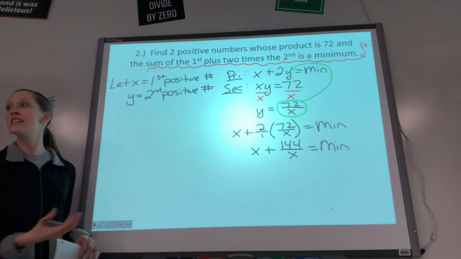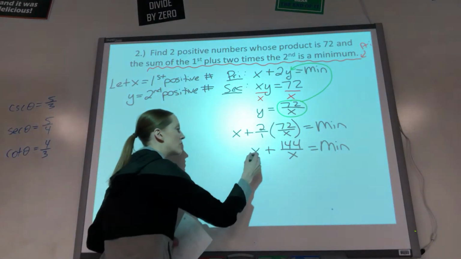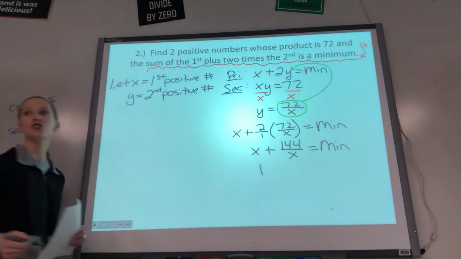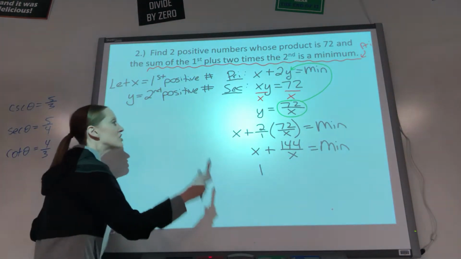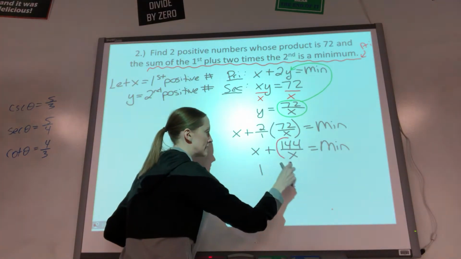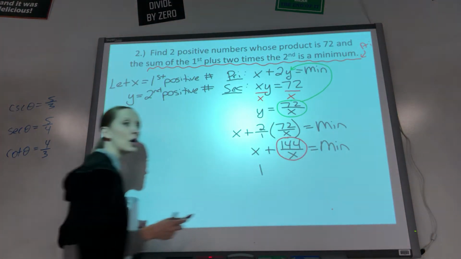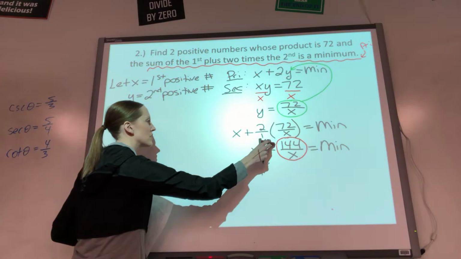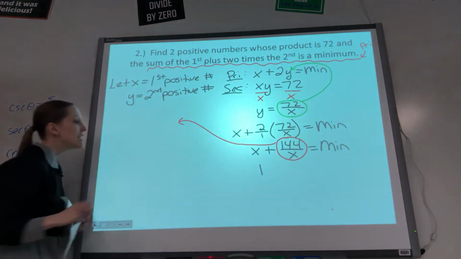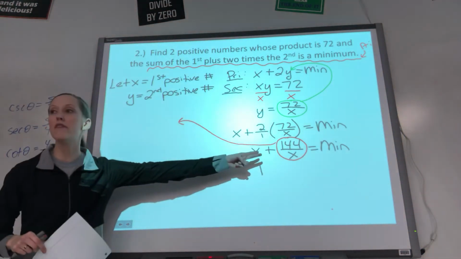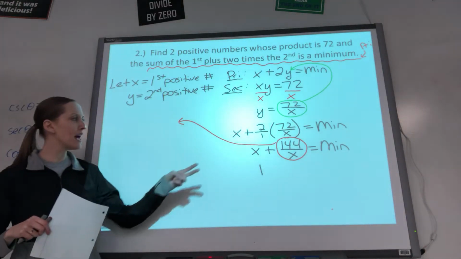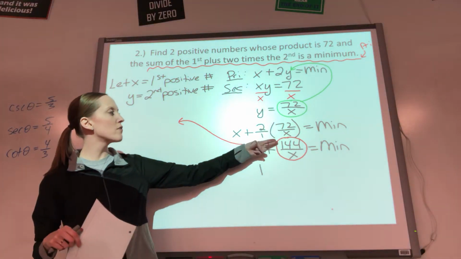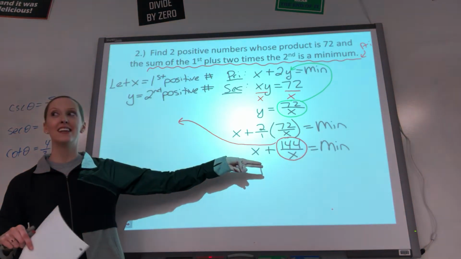Okay, I need to take the derivative. Now, derivative of x is just 1, so that's probably the easy part. Derivative of this is going to take a little bit of work, so I may actually come over here to look at the derivative of that second term. What would be another way to write 144 over x?